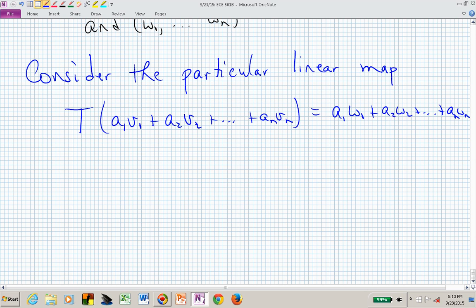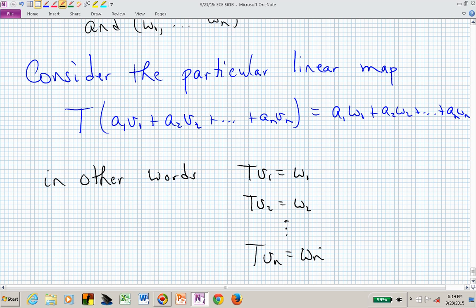Or if we use the homogeneity property on that linear map, we're really saying, in other words, TV1 equals W1, TV2 equals W2, etc., TVn is equal to W sub n.